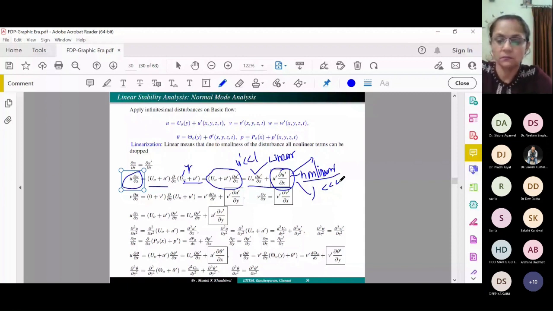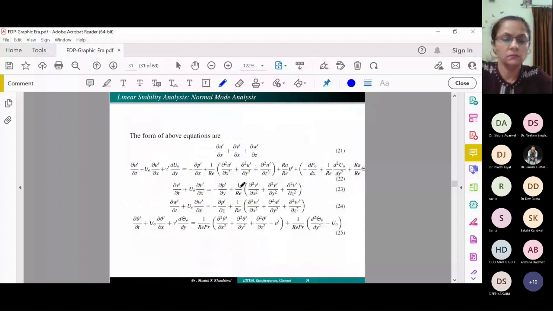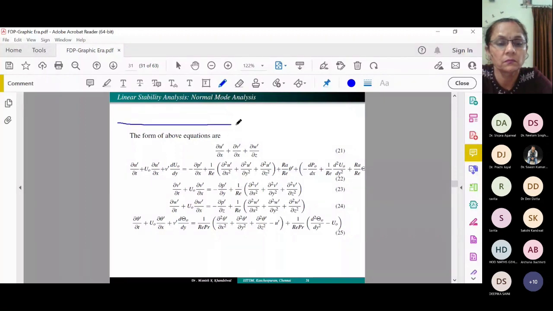That's why I have dropped it here, because our theory says we choose a very small amount of disturbance. After removing these terms we have only the linear terms, and they give the linear disturbance equations.